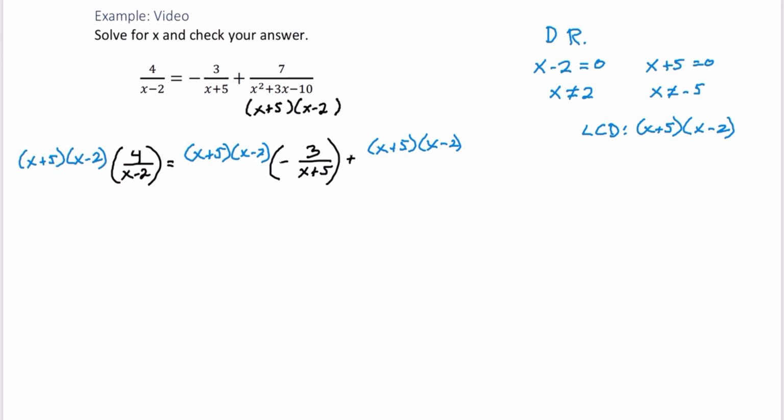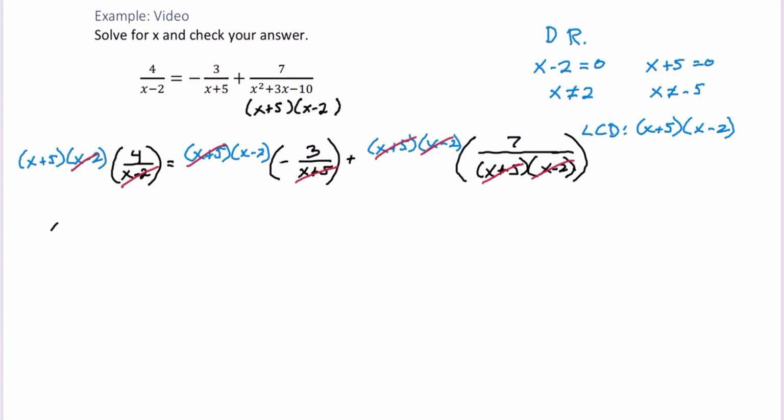Now we can go through and reduce any factors that occur in the numerator and denominator. In the first term, notice x minus 2 is in the top and the bottom, so let's reduce that away. In the second term, x plus 5 will cancel, and then on the far right, both factors go away.